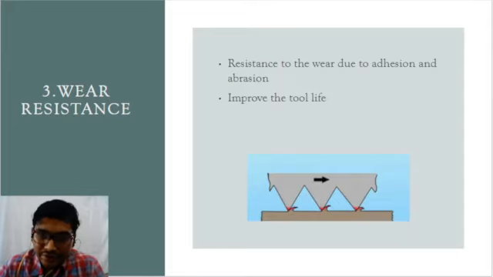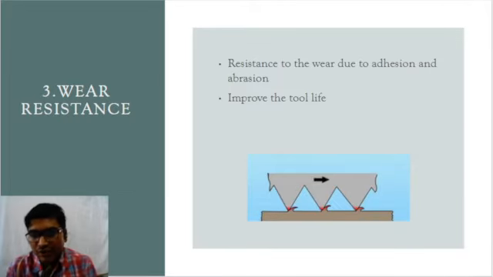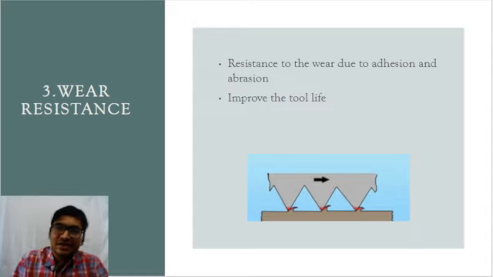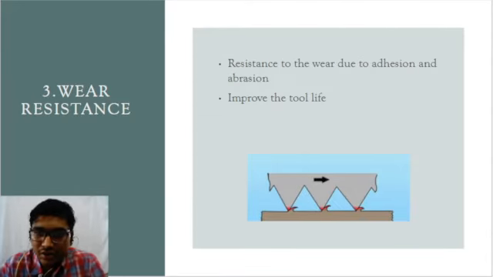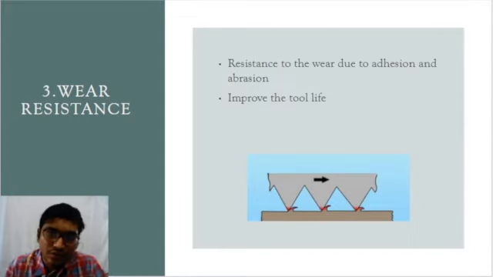Likewise, there is adhesion and abrasion between the tool material and the work material when we do machining. In the picture, the red zone indicates the adhesion and abrasion, where the wear will happen. When the wear resistance of the material is higher, the wear due to the adhesion and abrasion is prevented, and the tool life is improved.